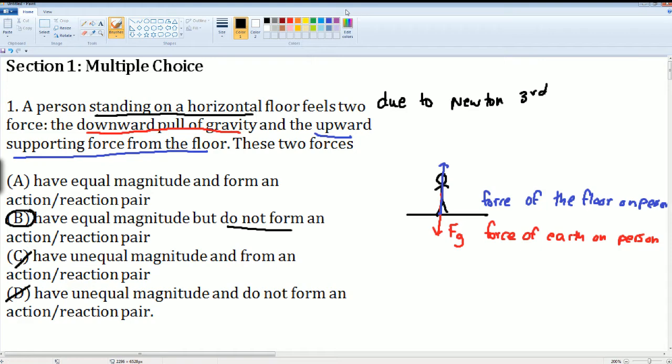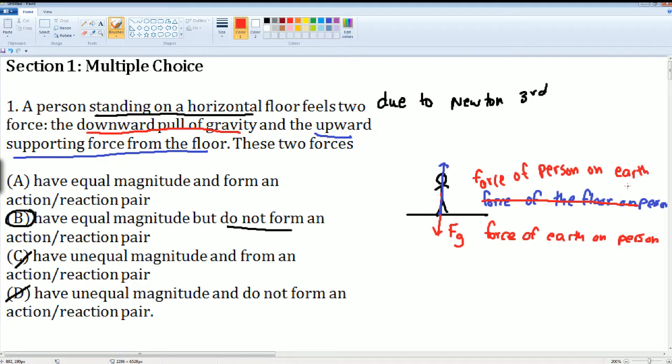Some of you are wondering what would be an action reaction pair. So if this is the force of Earth on person, the action reaction pair would be the force of person on Earth.